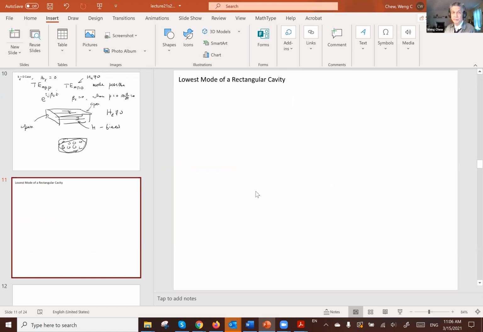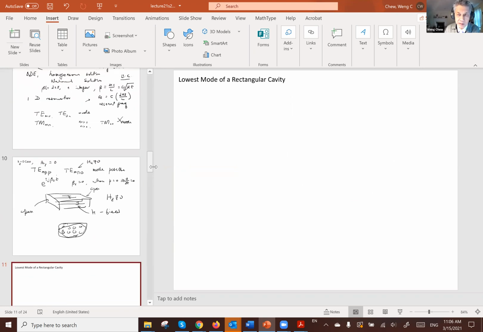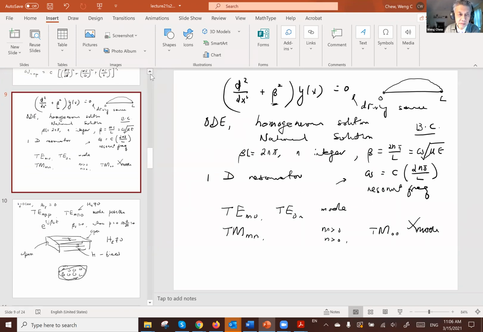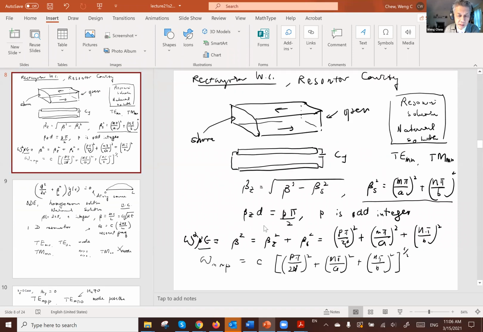Okay, so what is the lowest mode of a rectangular cavity? It turns out that the lowest mode is possible if you look at these equations again, and if you look at the mode with the lowest resonant frequency, and if you assume that A is larger than B is larger than D. Then the lowest mode is the mode with, well, I have to make one qualification.